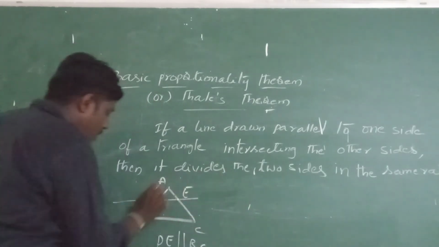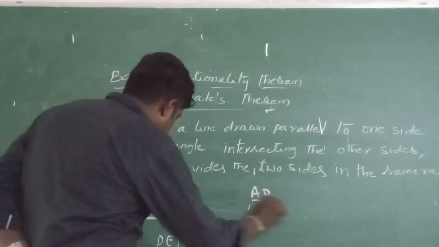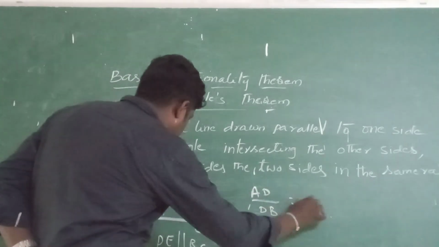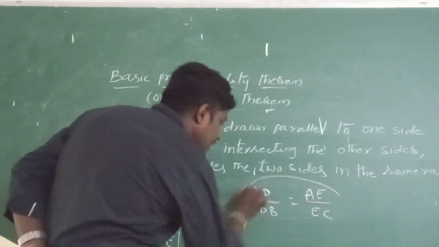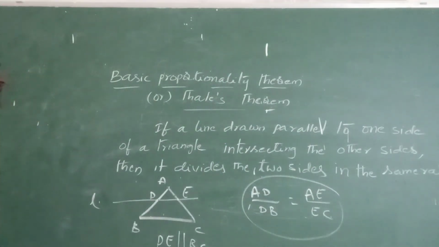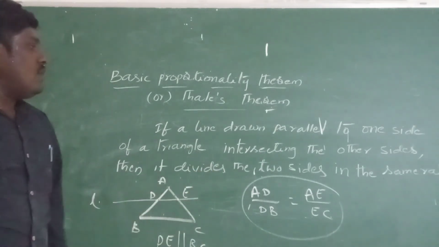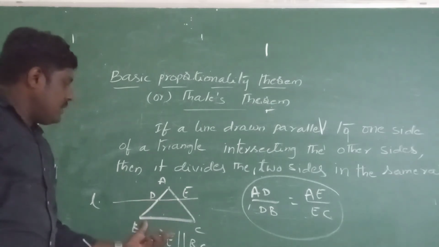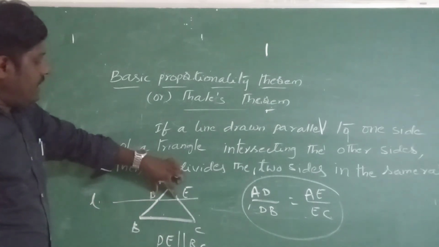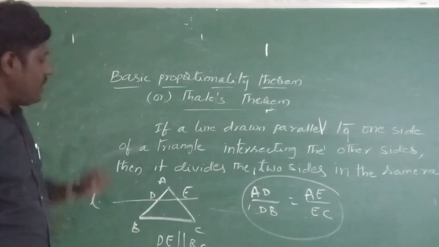That means AD by DB equals AE by EC. This is nothing but the basic proportionality theorem.